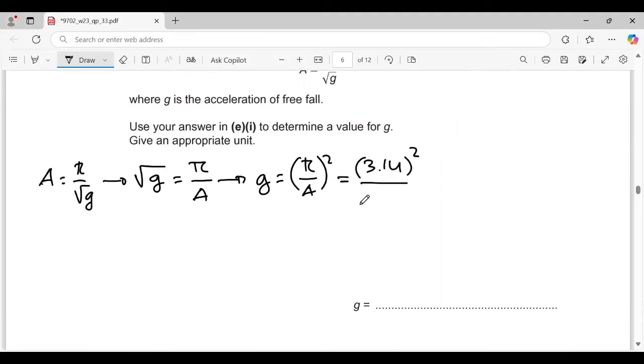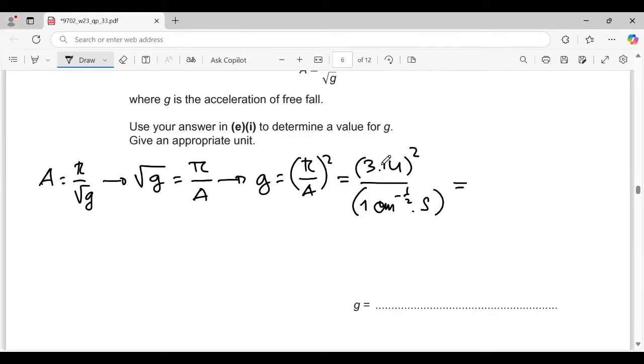Okay, 1, centimeters, power minus half. Sorry, I mean 1 centimeters, second. This is the unit.